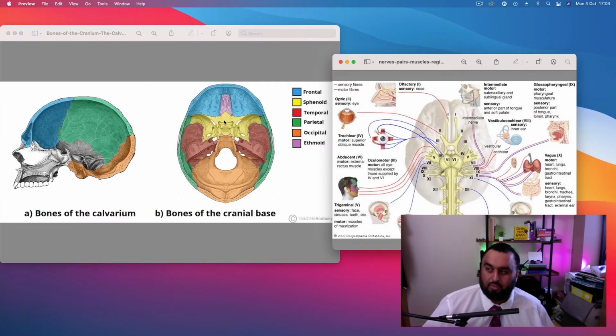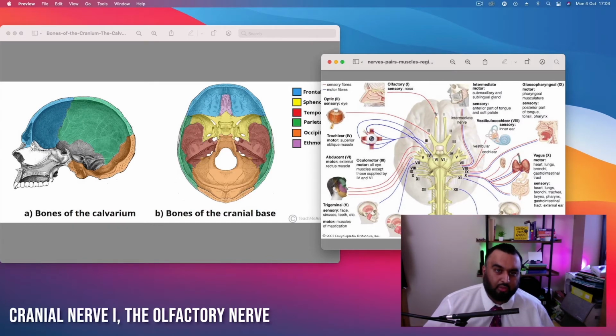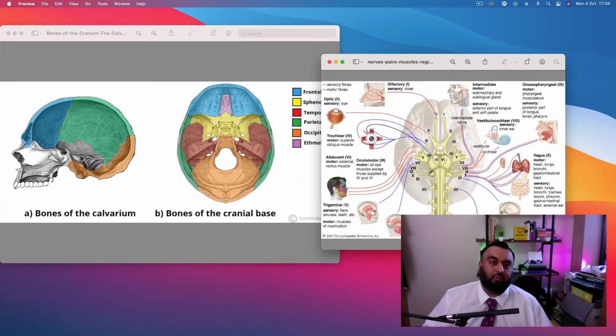So I'll give you an example. You'll get this as we get along. You got the olfactory nerve here, number 1. So the first cranial nerve is called the olfactory nerve. It represents one of the 5 major senses, and it allows for the sense of smell.